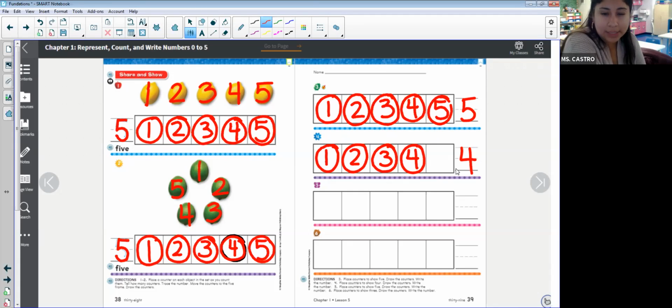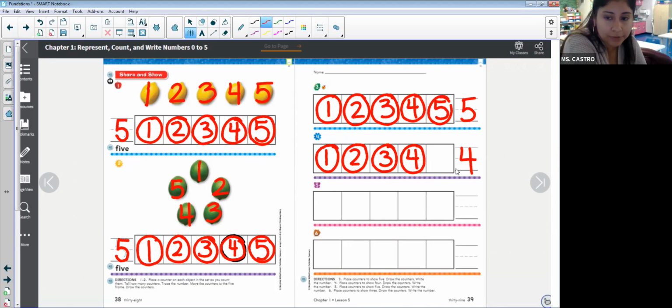Okay, I know our time is up, but I'm going to continue finishing up the rest of the page. If you don't get a chance to finish it with me, you have the whole day to work on this on your own, okay? The butterfly that's purple with the number 5, they want us to show 5. So now we're going to illustrate 5 circles.